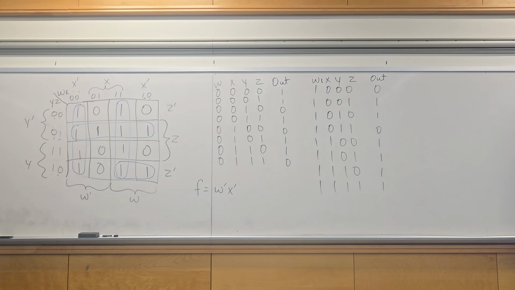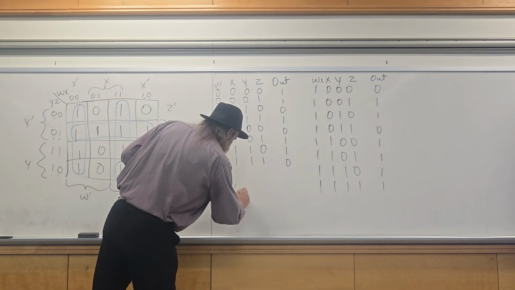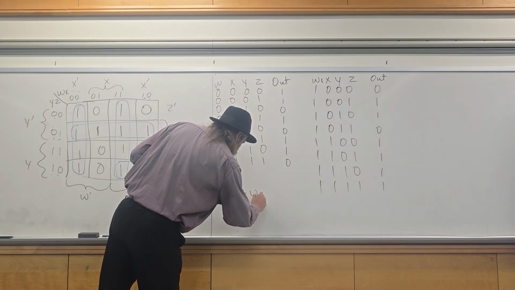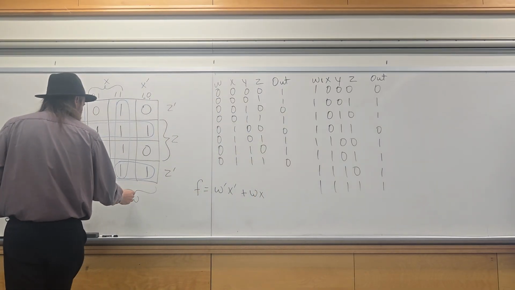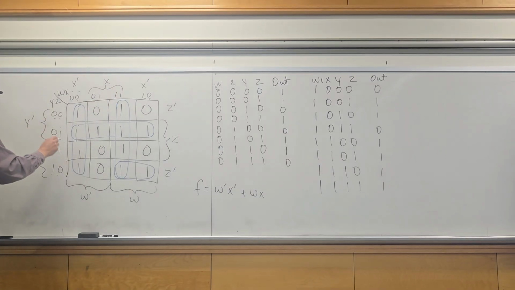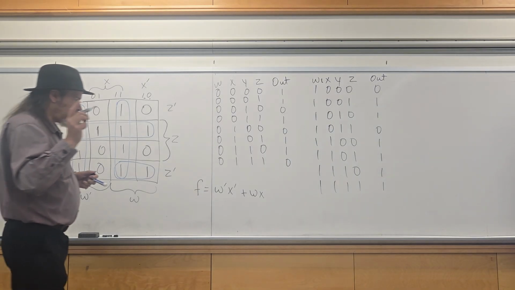I think I heard a WX. Yeah, WX, because they're all in the W and all in the X. Y's don't matter, Z's don't matter. What about this second row here? Y prime Z. I heard that.